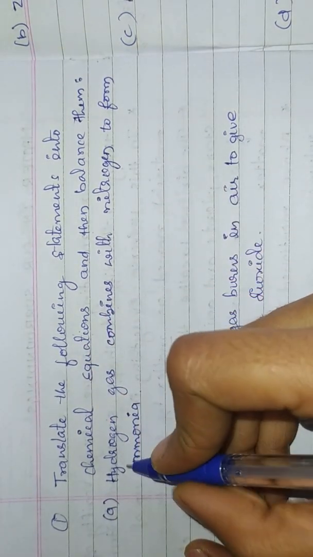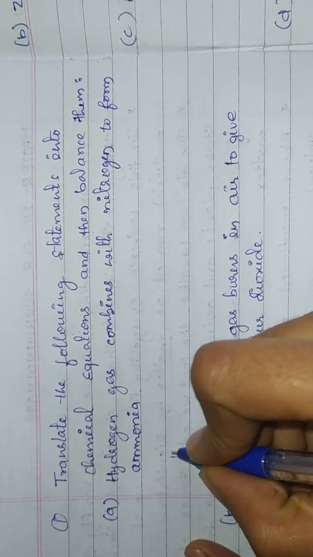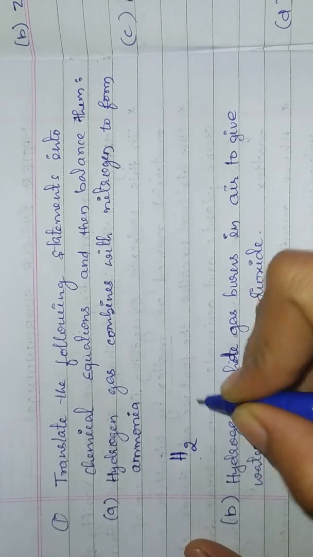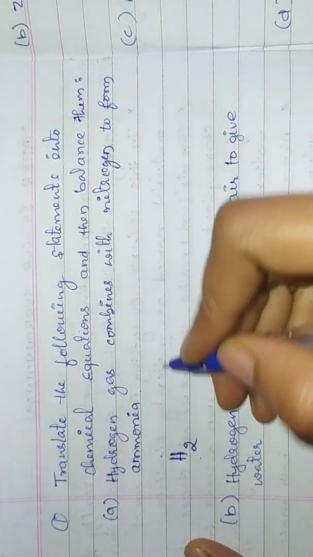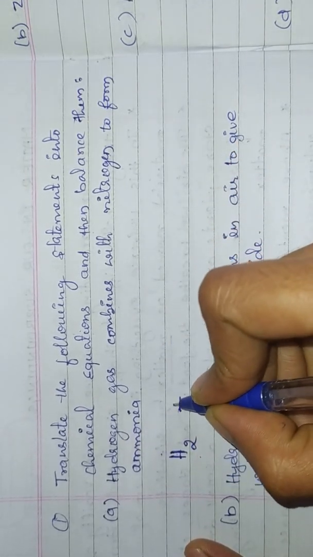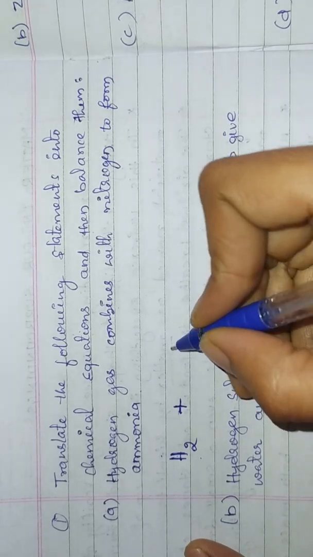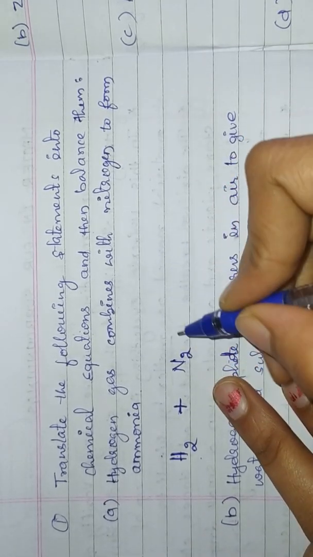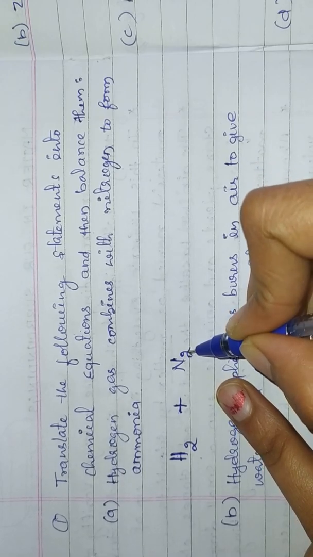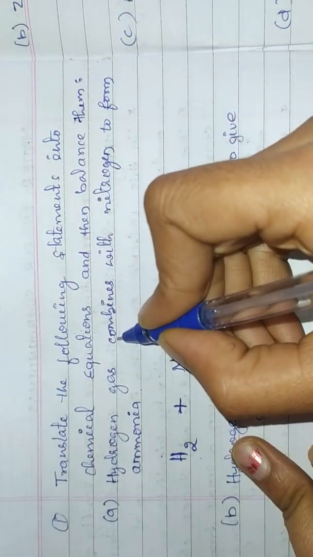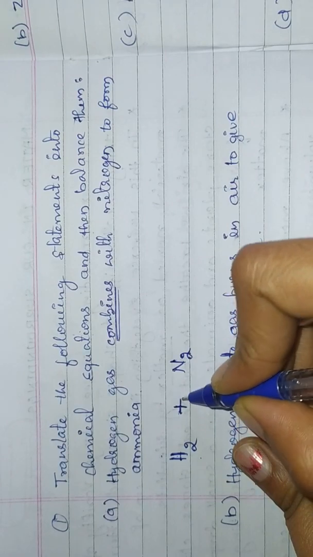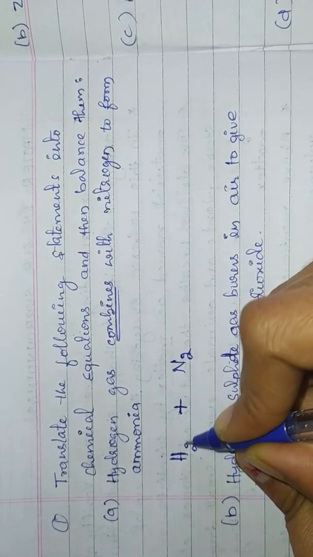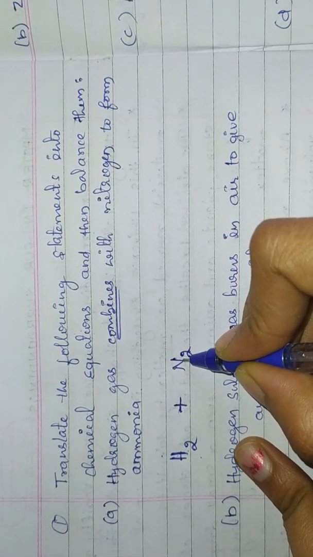What is the chemical formula of hydrogen? H2. It combines with nitrogen. What is the chemical formula of nitrogen? N2. Since they have mentioned combines, I have written a positive sign between the hydrogen and nitrogen gases.